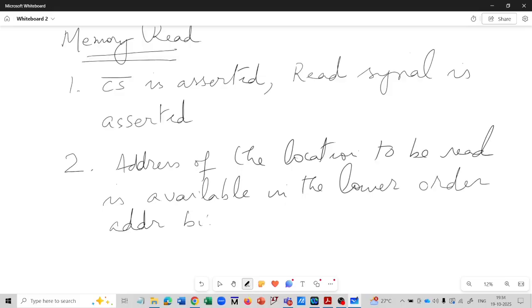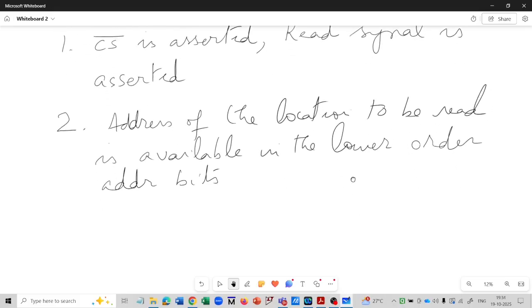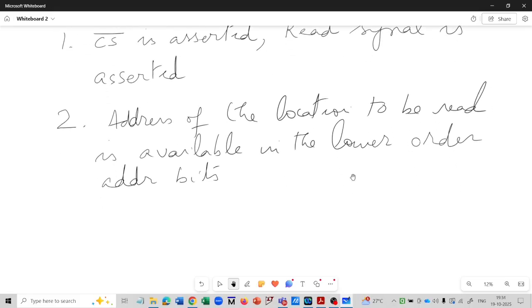As I mentioned earlier, the higher order address bits may be a few bits, either 2 or 3 bits, depending on the number of peripherals that are interfaced to the processor. The higher order bits are used for selecting a particular peripheral, and the lower order bits actually indicate the actual address location that is to be accessed.